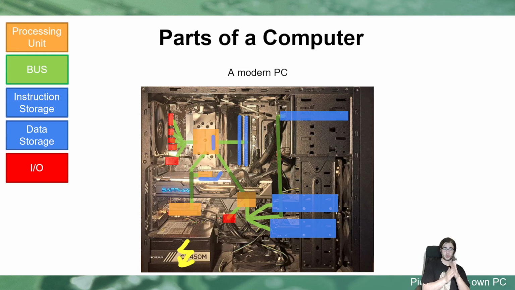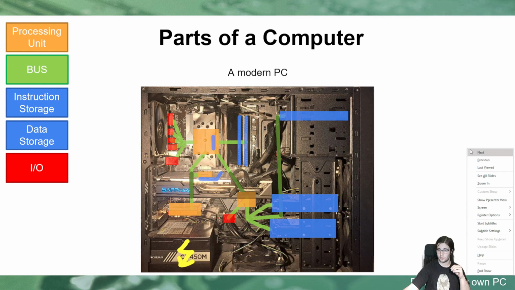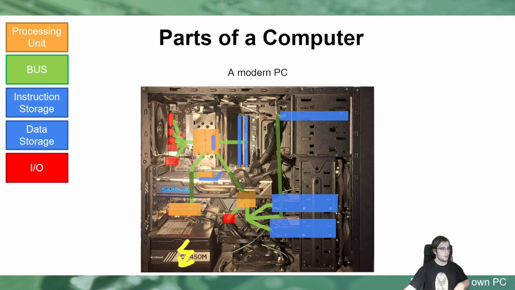Now a little picture of my computer, a modern PC, and how that actually looks. I'll just grab a laser pointer so I can show you. You have of course all the same parts, but most parts are there several times.